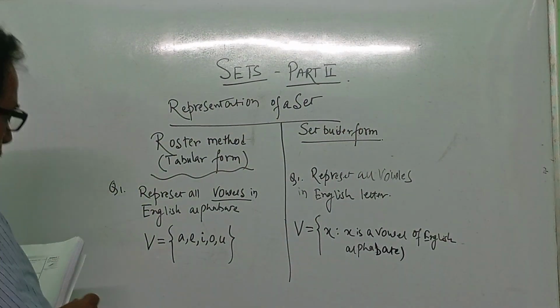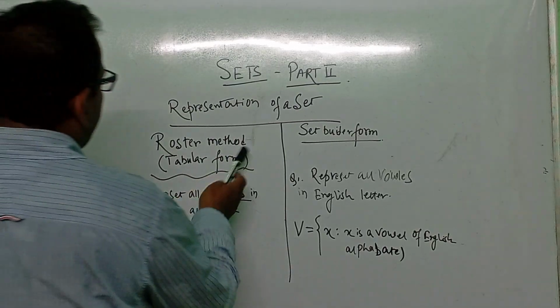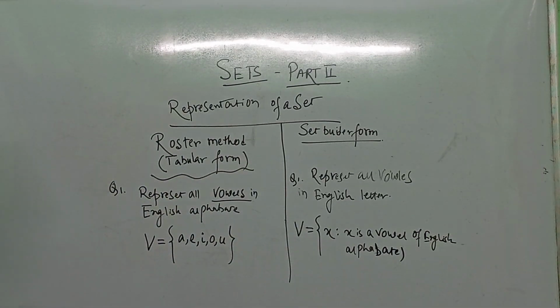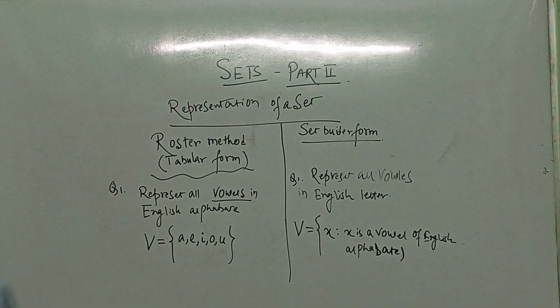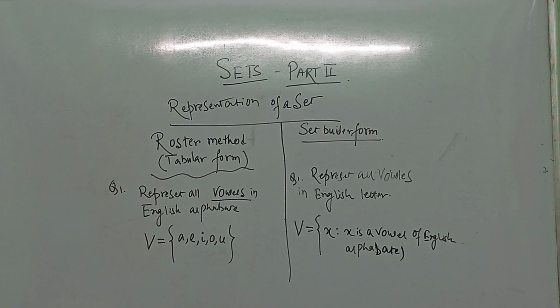Now these are the two representations, roster method and set builder form. The same question.